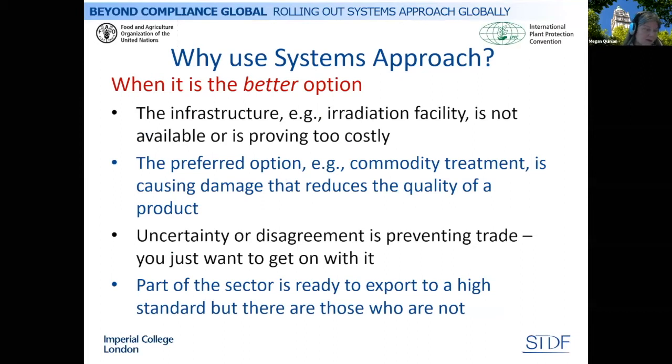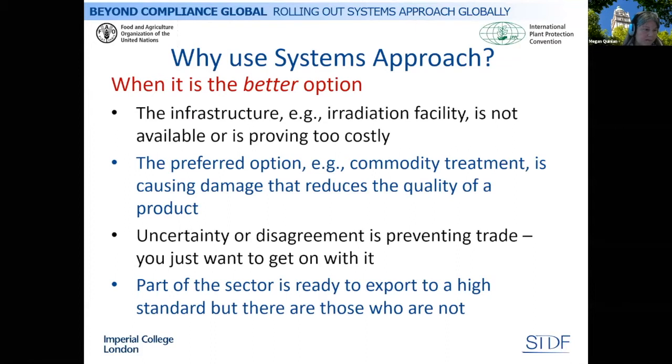Or if you simply want to get on with trade, and I've seen this over and over, it's not quite in the spirit of the WTO, but if you just want to get on with trade, you can build a systems approach by adding things that your importing partner wants to see. But during the negotiation, you can ask, is this something that we could review in 2 or 3 years, because we don't really think it's necessary.